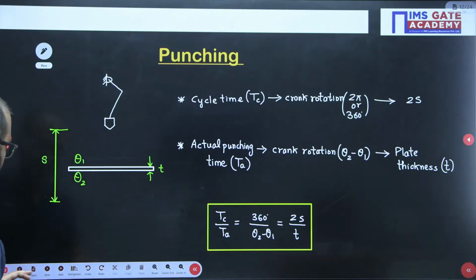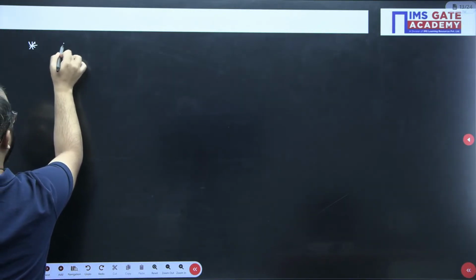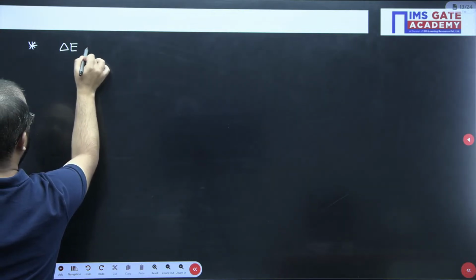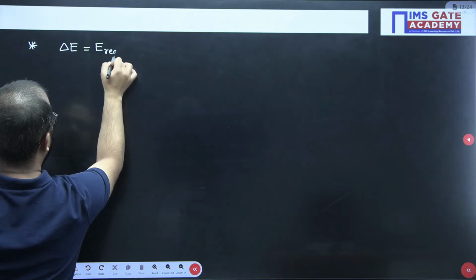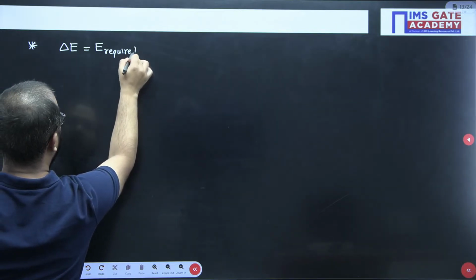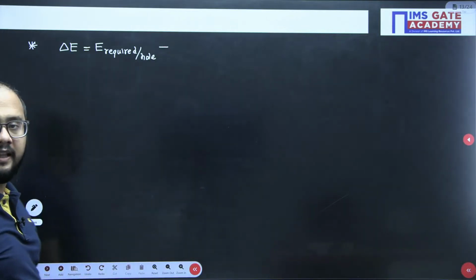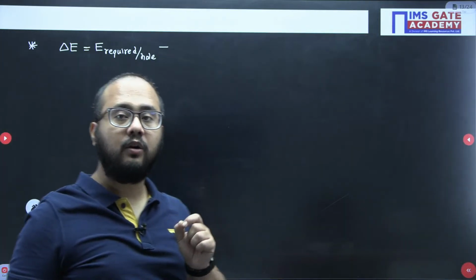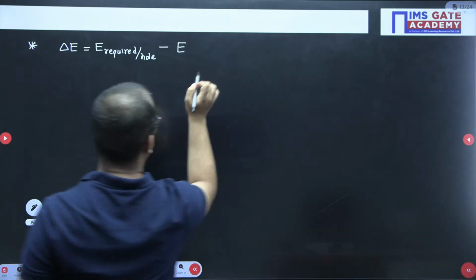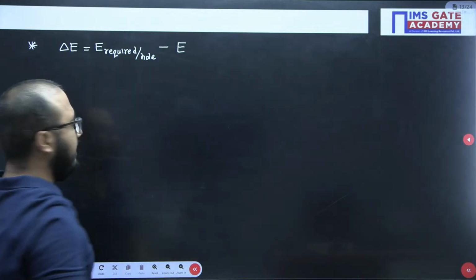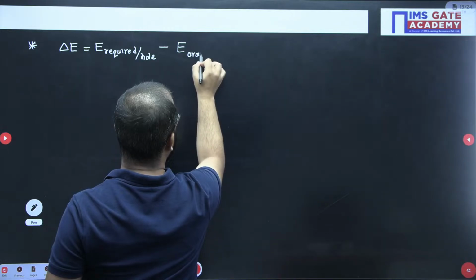Now, the next part that we need to understand here is fluctuation of energy, that is delta E. It is equal to energy required per hole minus energy available during punching.